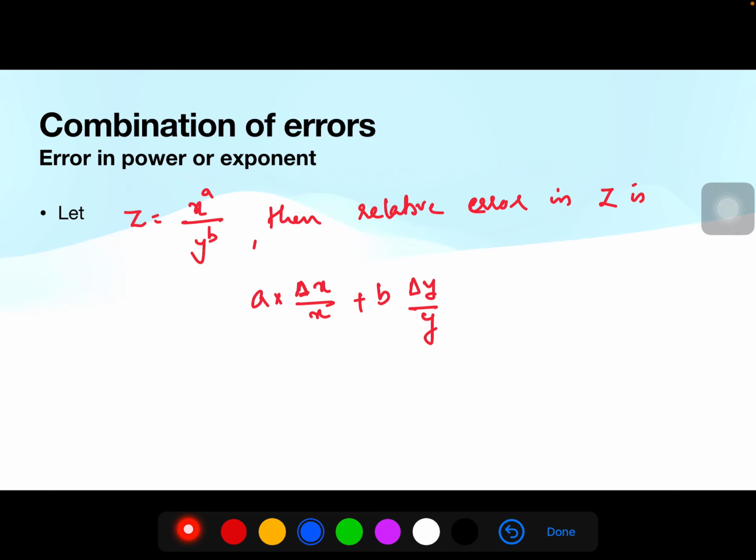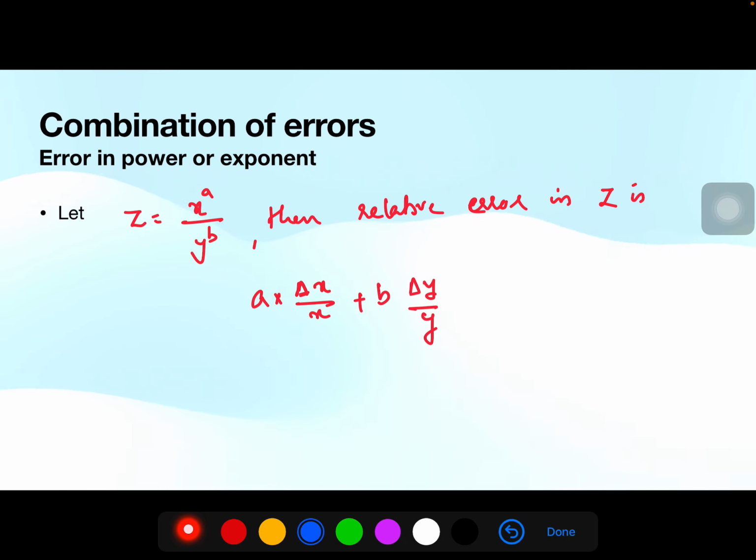In that case, if x is raised to a, where a is the power of the measured value x, then the relative error of the product is a into delta x by x, that is the power into the relative error of x, plus the power into the relative error of y. That will be the error in the measurement of z.